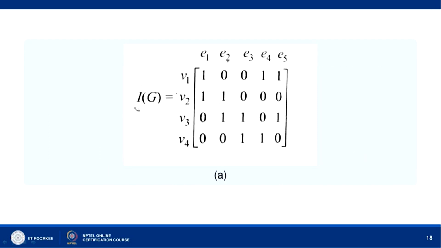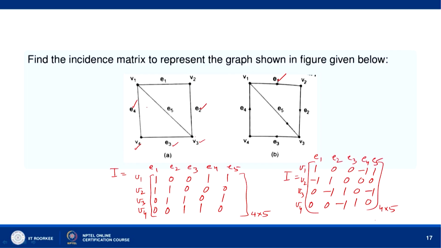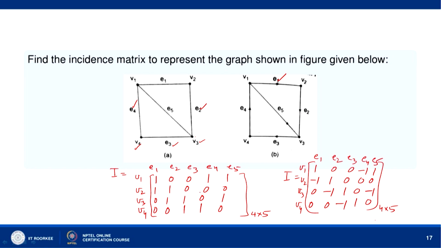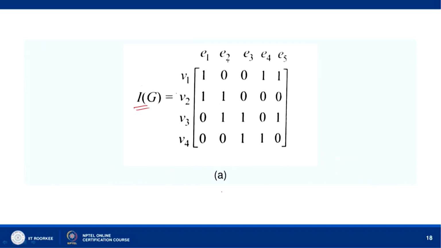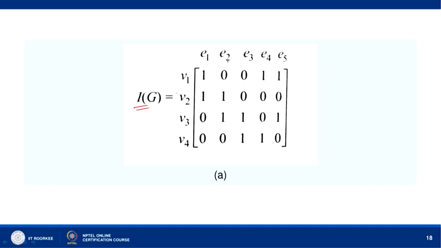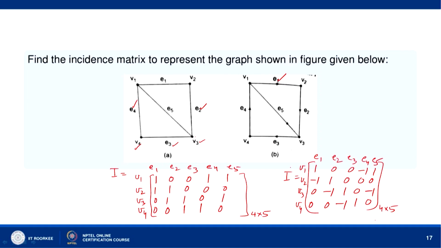So, this is the incidence matrix. This is the incidence matrix for the undirected graph: 1 0 0 1 1, 1 1 0 0 0, 0 1 1 0 1, and 0 0 1 1 0. Then we have this for the directed graph.